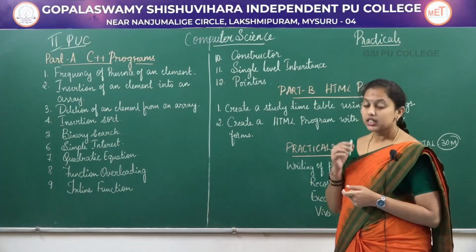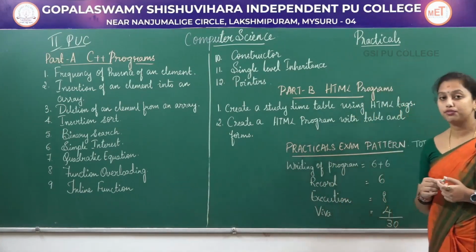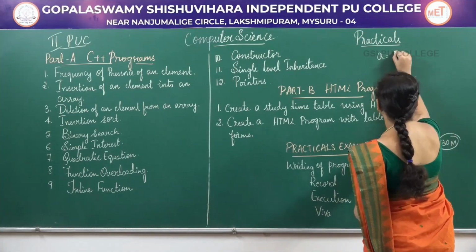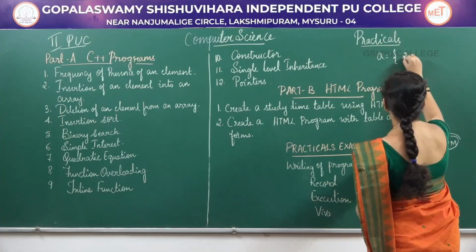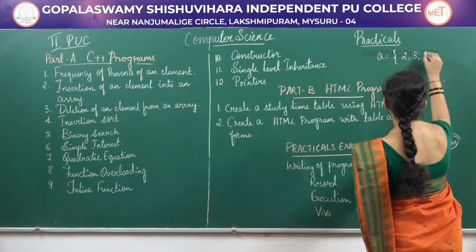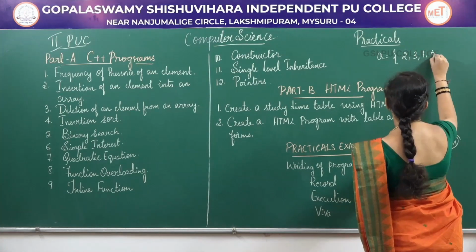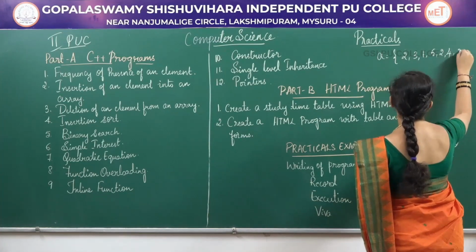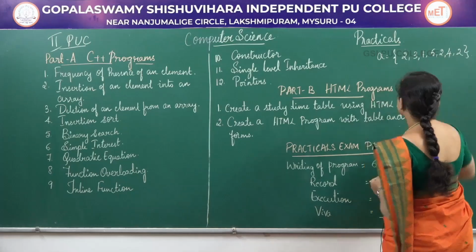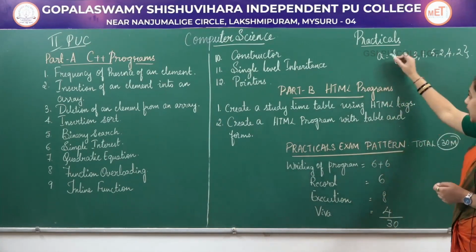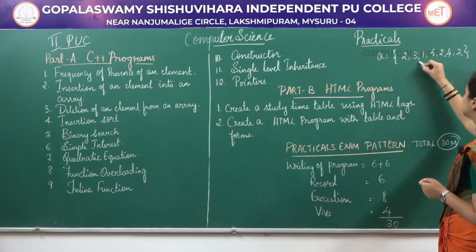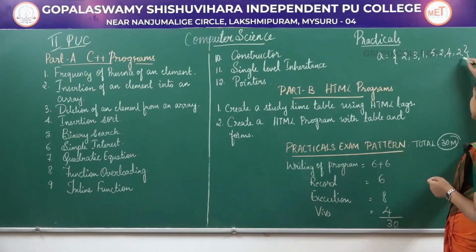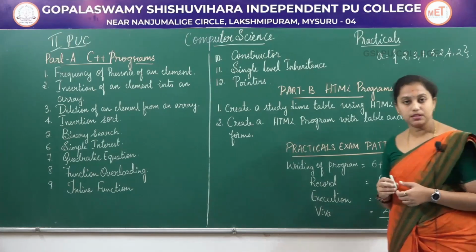Consider an array A that contains 2, 3, 1, 5, 2, 4 and 2 as its array elements.